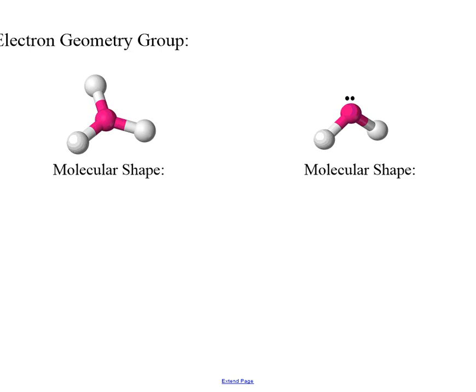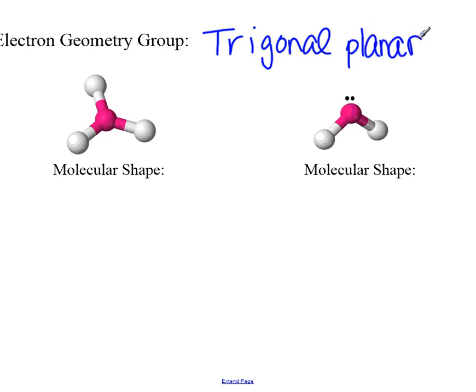Okay, so when we look at our diagram here, our electron geometry group is going to be 3. So that's going to be trigonal planar. And over here we have 3 bonded pairs. Here's our central atom, 1, 2, 3.